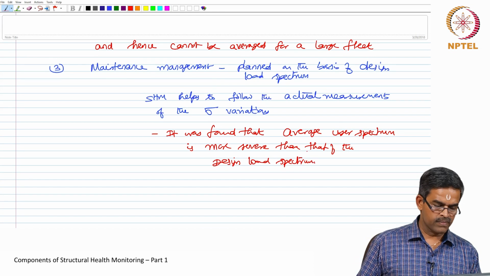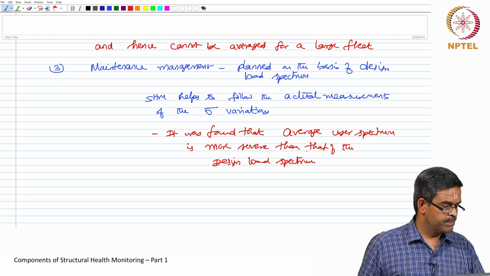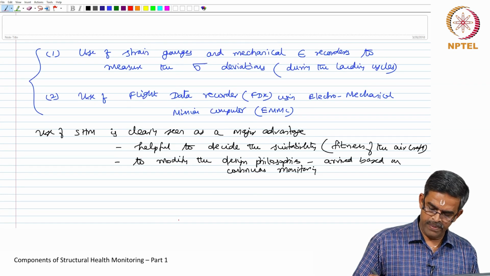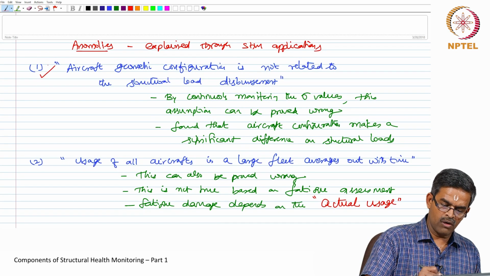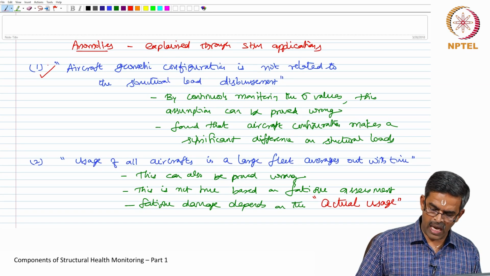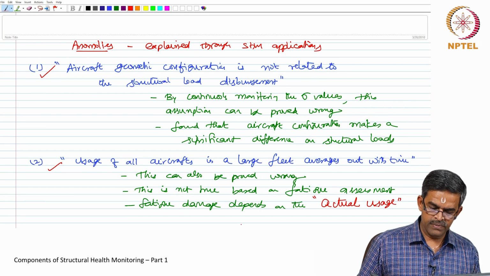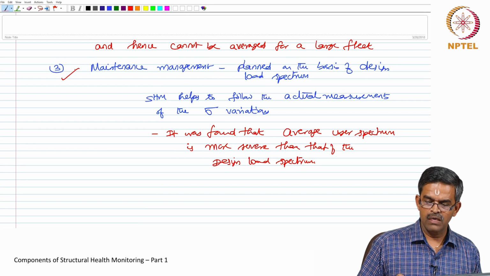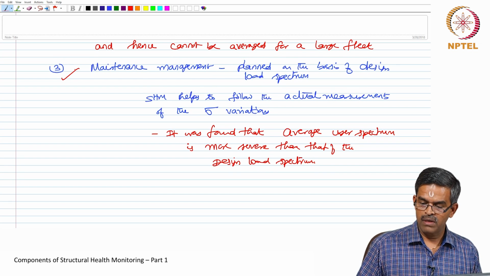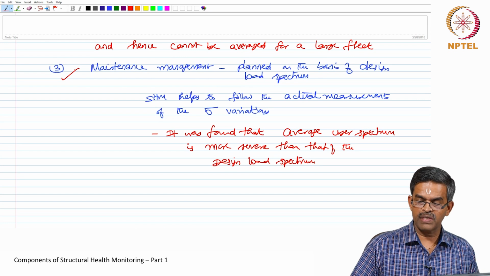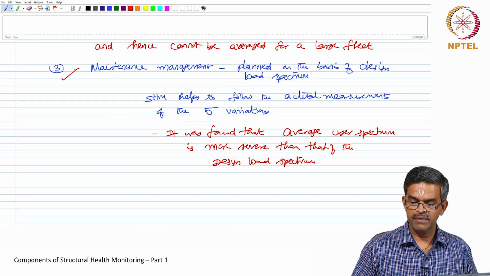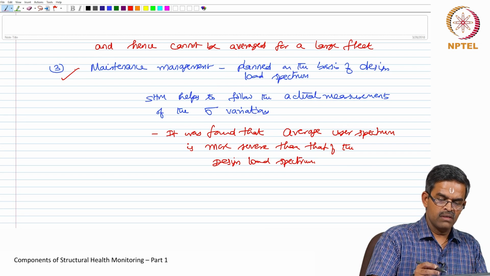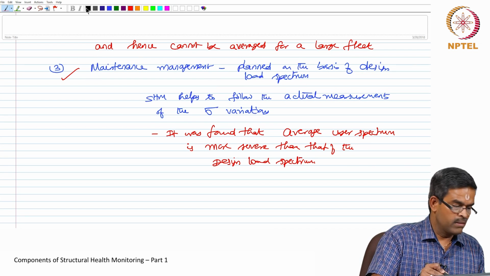So, friends, you can very well see major anomalies, as you see in the case of geometric configuration, in the case of averaging fleet time, and even in the case of using a design load spectrum, can be easily understood in a better format when you continuously monitor the performance of aircrafts, especially during landing and takeoff processes. This can be verified and has been studied in detail.